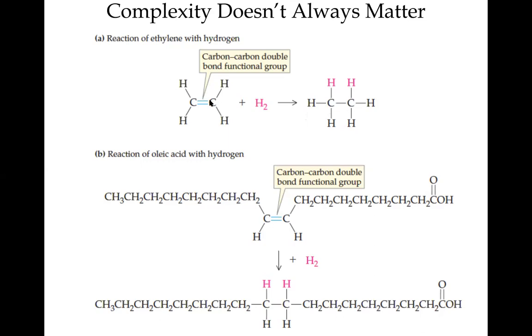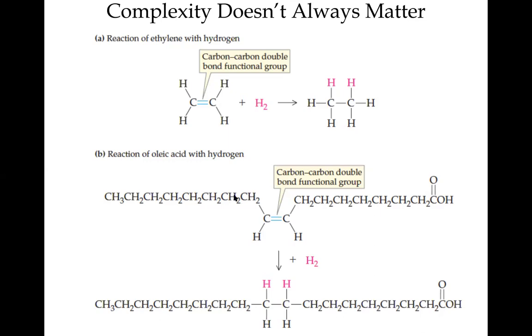Very simple molecule. If we take oleic acid, though, which is a much, much longer, bigger molecule, lots more carbons, and then has some oxygens in there. But like ethylene, it has this 1 carbon-carbon double bond. So we would say this is monosaturated, right? Because it's just 1 double bond.